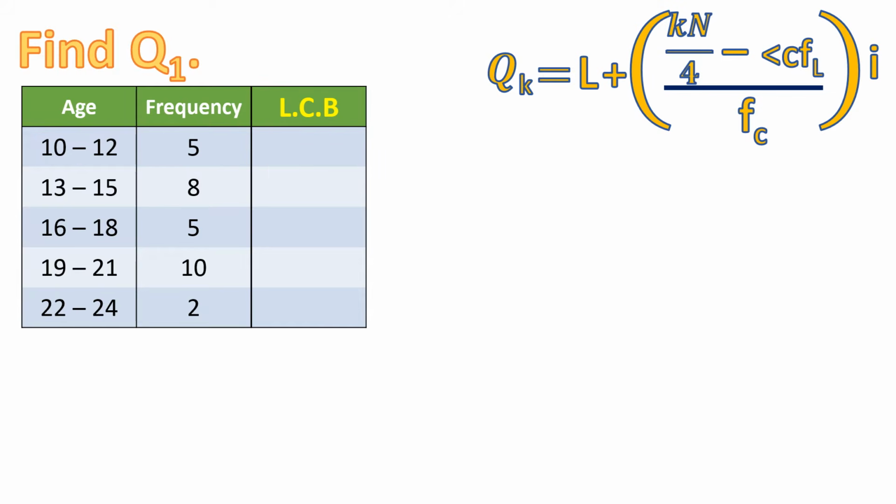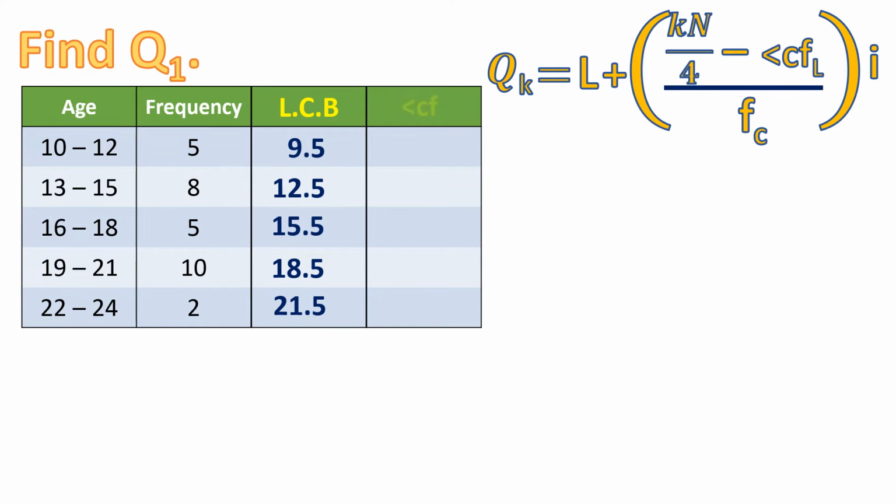So 10 minus 0.5 is 9.5, 13 minus 0.5 is 12.5, 16 minus 0.5 is 15.5, 19 minus 0.5 is 18.5, 22 minus 0.5 is 21.5. Then we also need the column for less than cumulative frequency.